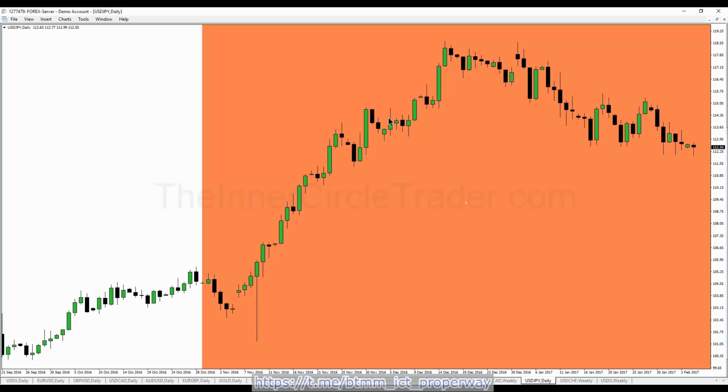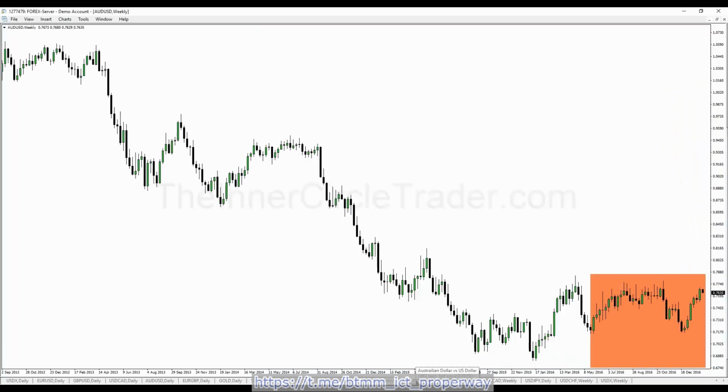And look what happened in the yen. Look how many pips this thing has moved. We had a high, and this thing moved almost 2,000 pips. That's a lot in relationship to, say, the Aussie dollar, a little wimpy old 600 pips.